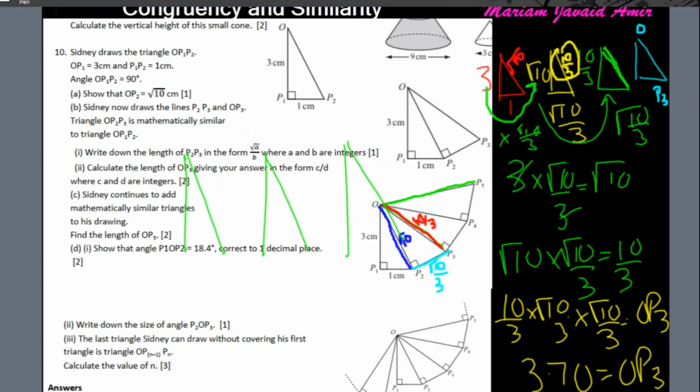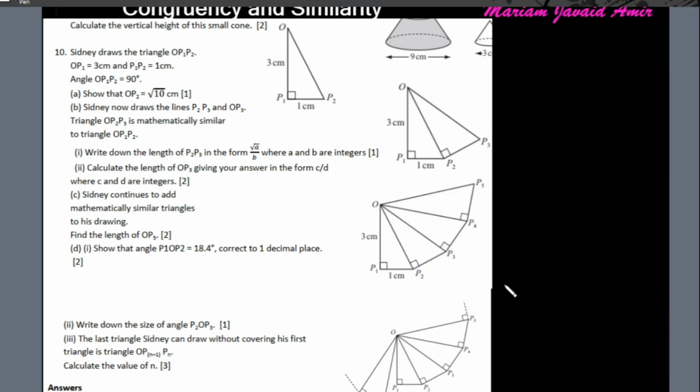Let me quickly revise what I did. It's a mess, let's see how I can manage that. From 3 we got to under root 10 by multiplying 3 with under root 10 over 3. Since these are all similar triangles, every length gets multiplied by this factor to get the next length.